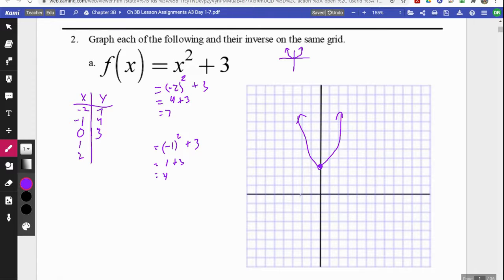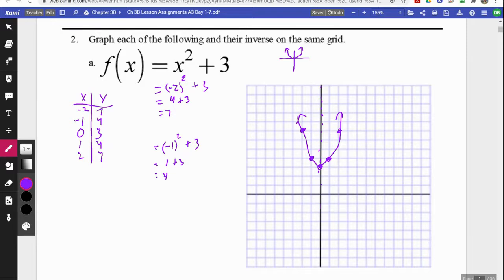Negative 2 gives 7. That point is right there: (-2, 7), and (-1, 4). And we know something about parabolas, and there's a mirror image on the other side of the vertex. So this point would be there, and this point would be there. And all that means is that (1, 4) and (2, 7) are also on this graph. So we have about 5 points from the original function.